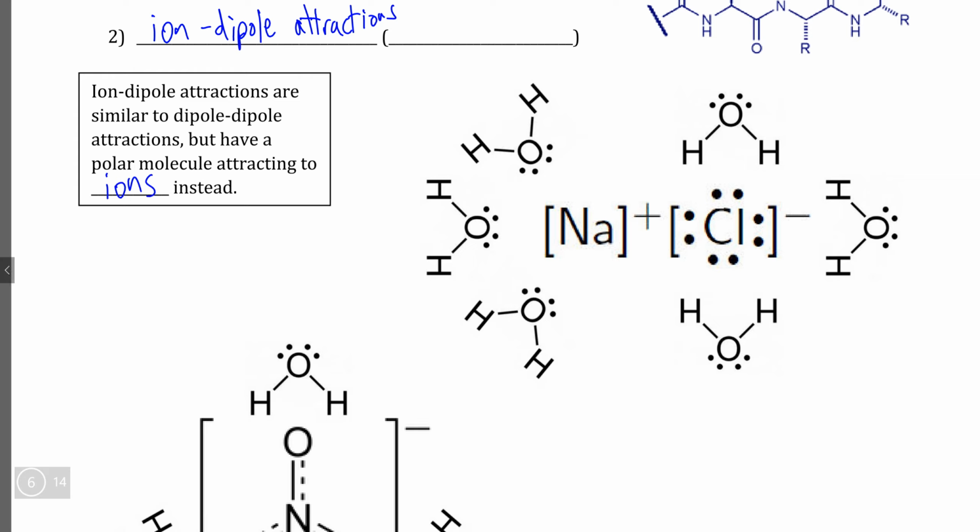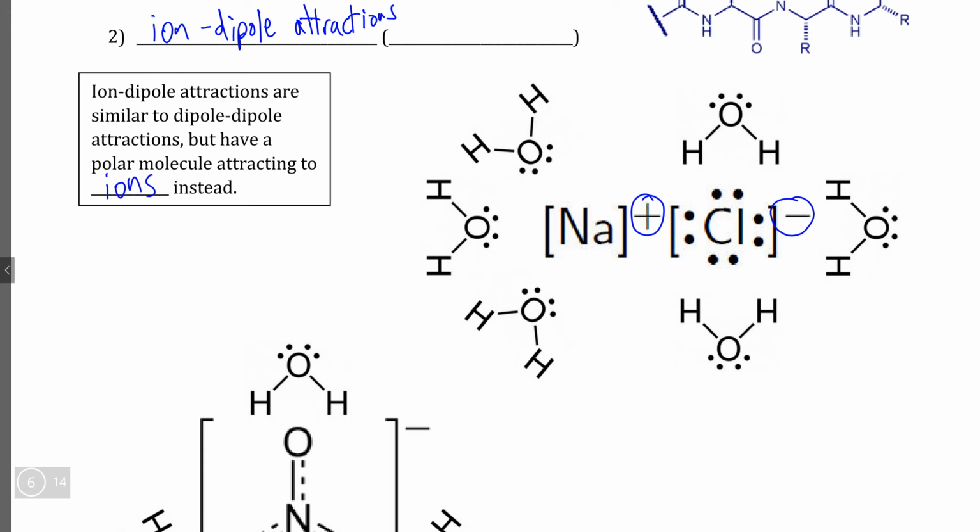Again, this is very important for us because we're interested in what happens to ionic solids once we put them into water. And we can see, because NaCl is an ionic compound, because sodium has transferred its one valence electron to chlorine to give it a full outer shell, both sodium and chlorine have full positive and negative charges respectively.